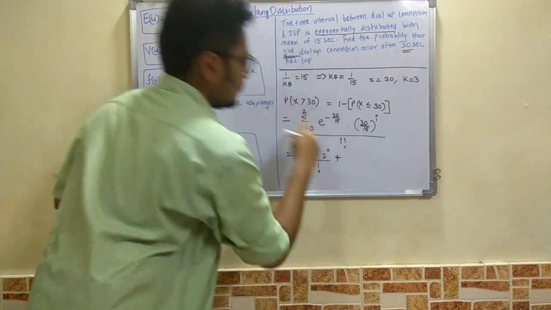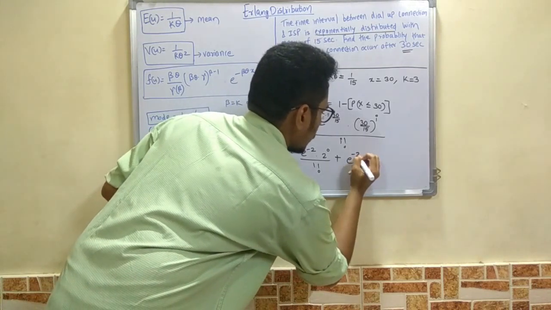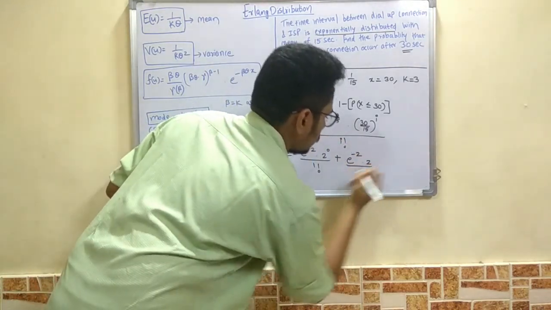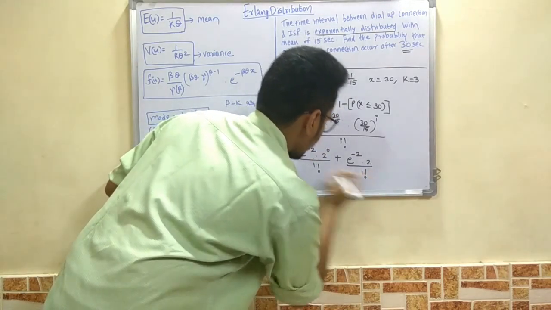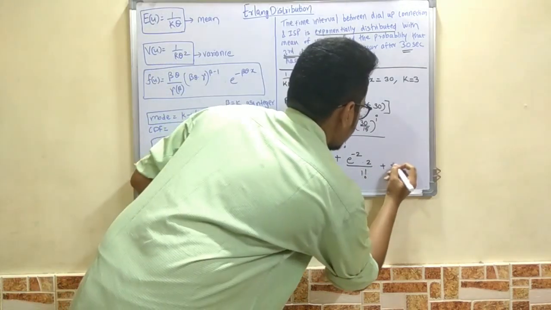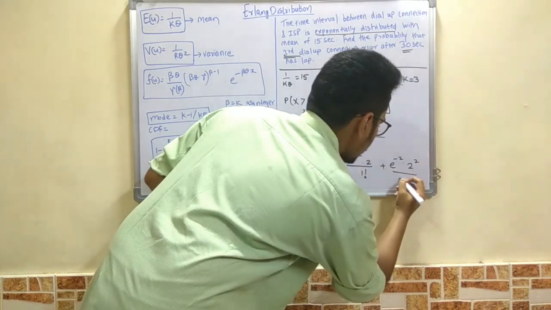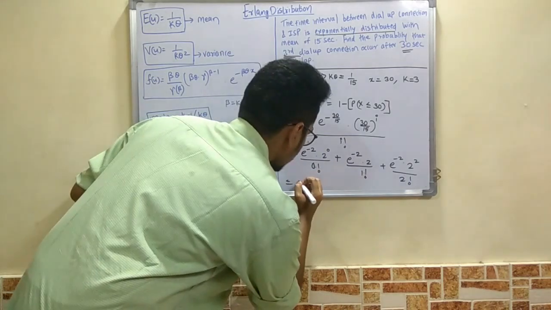Then since this is a sum, we have to add it after every application of i, which runs from 0 to 2. Next we have e raised to minus 2 multiplied by 2 raised to 1 divided by 1 factorial. And next we have e raised to minus 2 multiplied by 2 square divided by 2 factorial. So that is for 0, 1, 2.